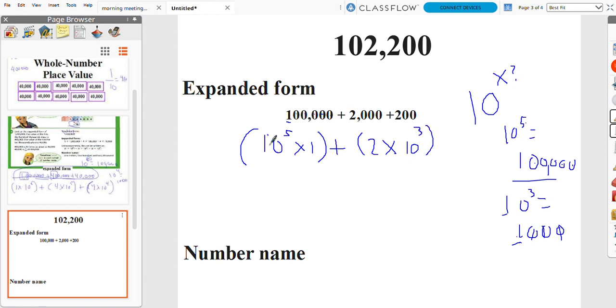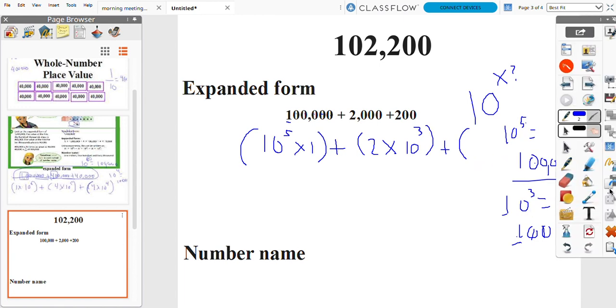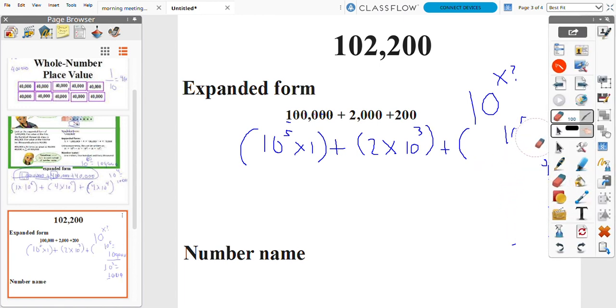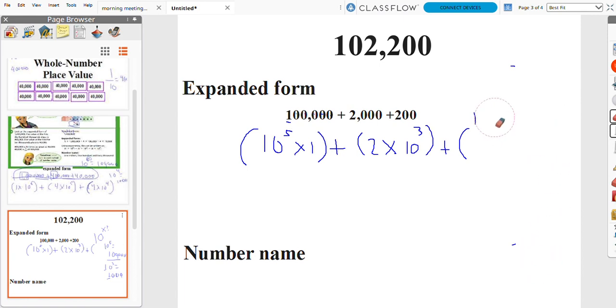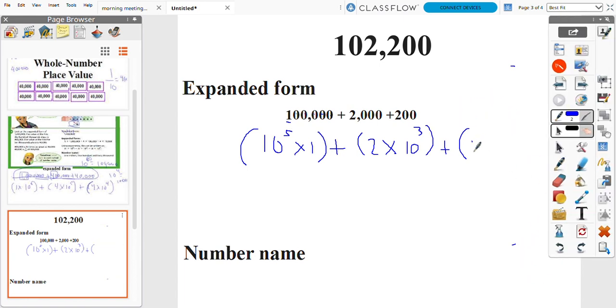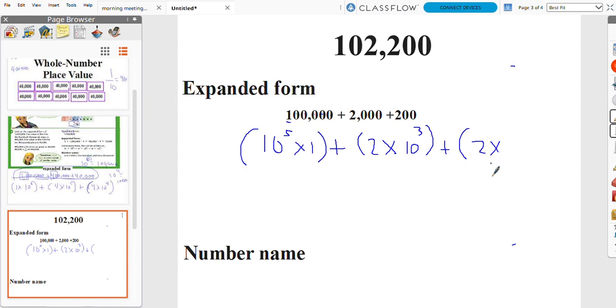So we have the quantity of 10 to the 5th times 1 plus the quantity of 2 times 10 to the 3rd plus the 200. So how many hundreds are in 200? You said it, 2, right? Here we go. So we have 2 times, and then 100 would be 10 squared, or 10 to the second power, right? 10 squared equals 10 times 10, or 100.